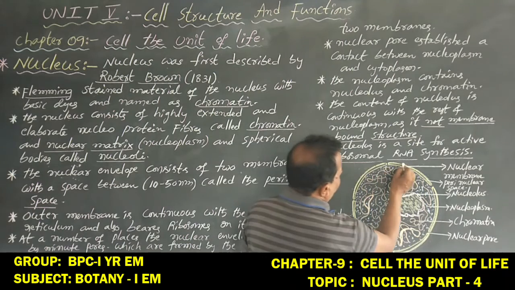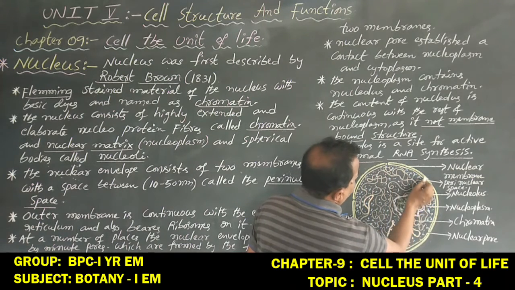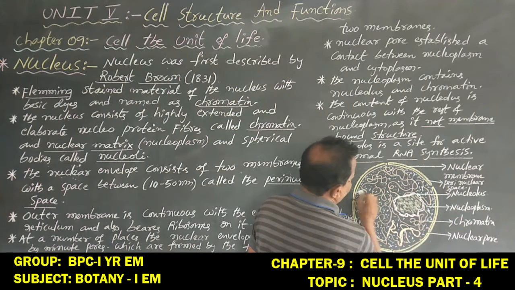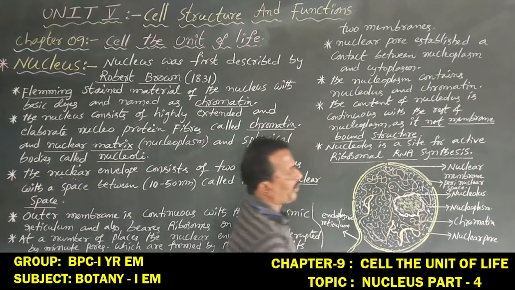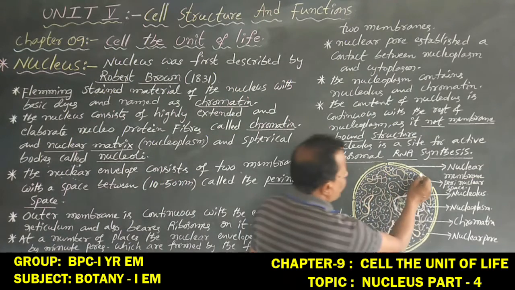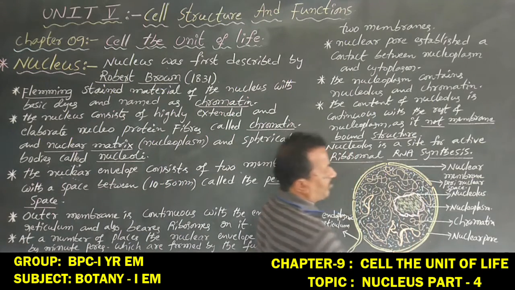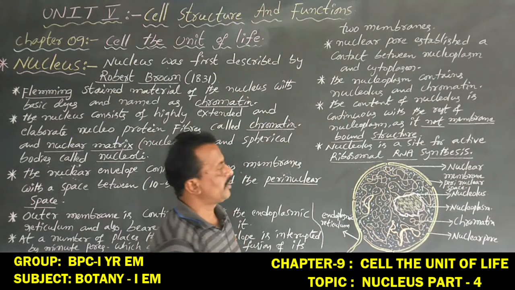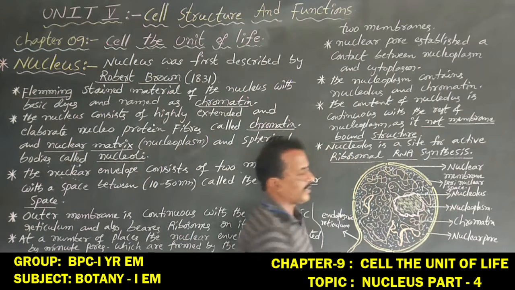The space between the outer and inner membrane is also called the perinuclear space, 10 to 50 nanometers.